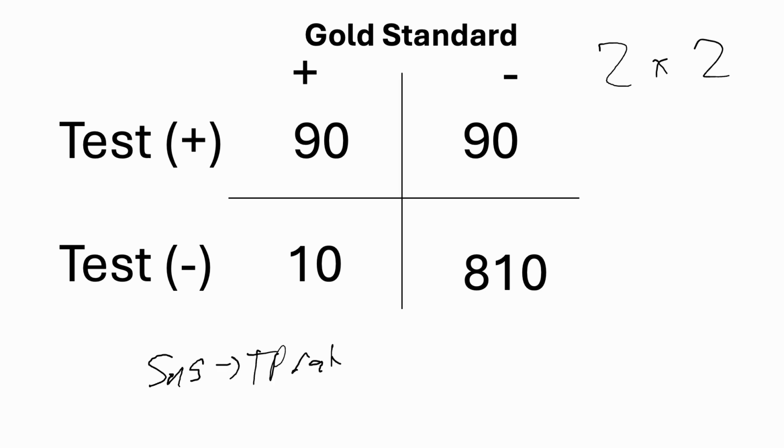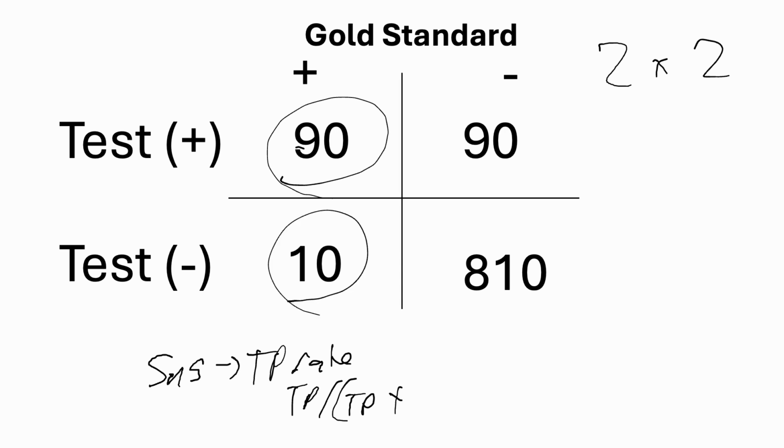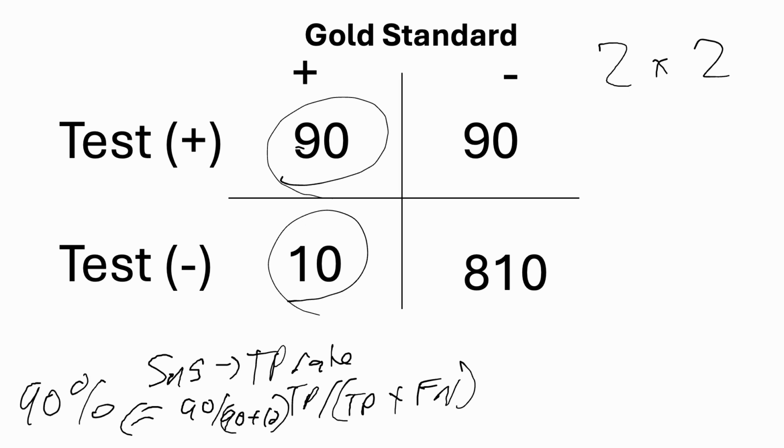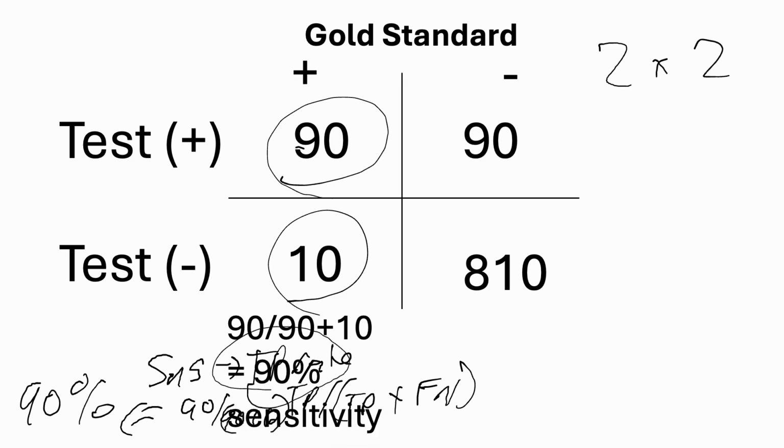I want to think of that as our true positives divided by our true positives plus our false negatives. So that will be equal to 90 divided by 90 plus 10, which is 90%. So let's see if we got that one. 90% sensitivity was correct. Sorry for the writing, I know it's a little confusing.